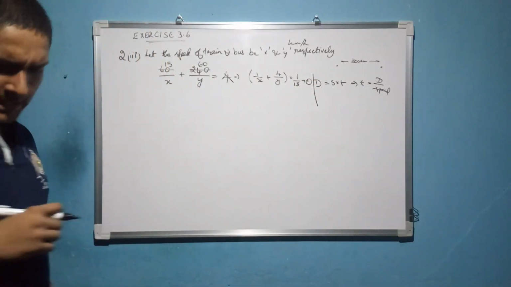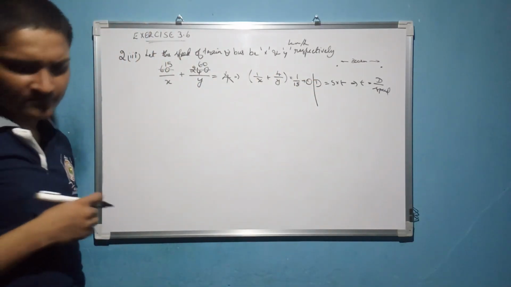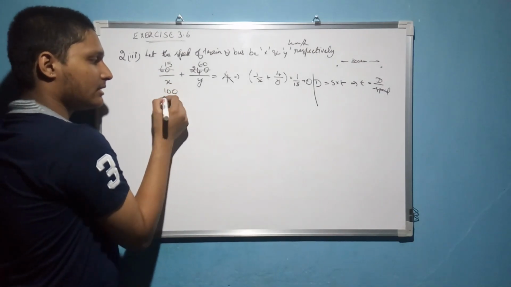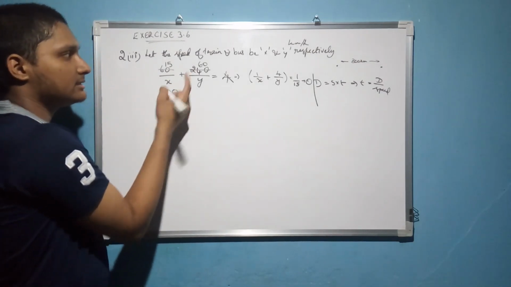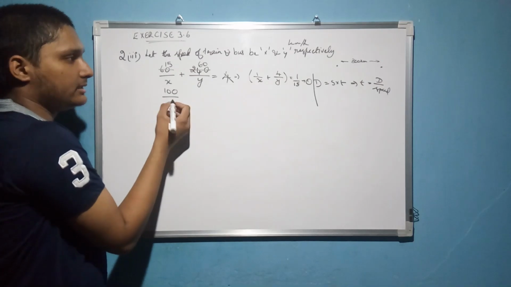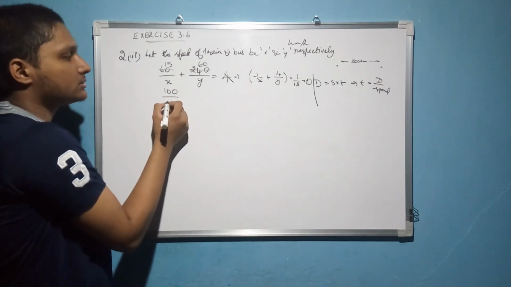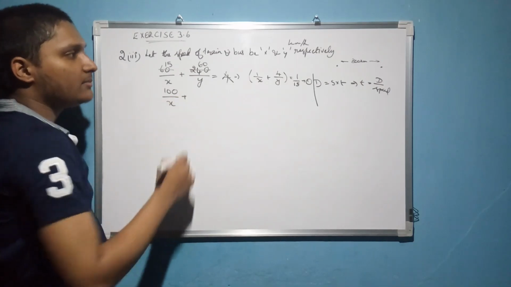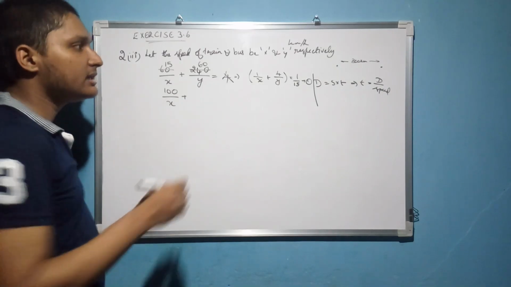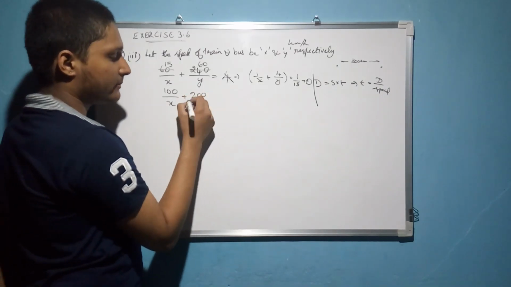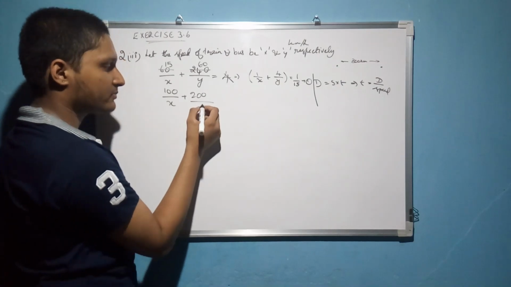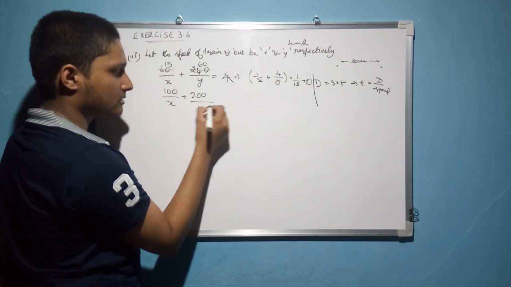The second equation: she has to take 100 kilometers by the train, so 100 by x, and the remaining by the bus. Remaining comes to be 200, so 200 by y.